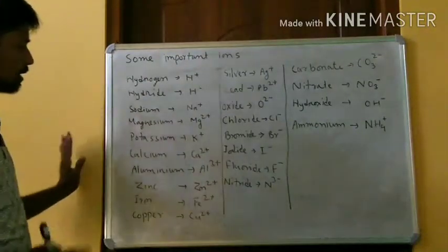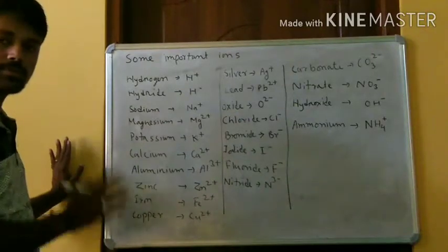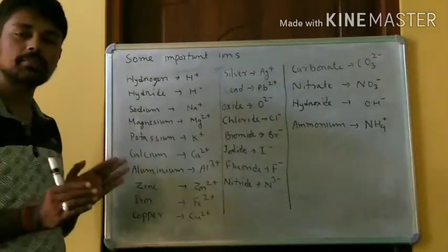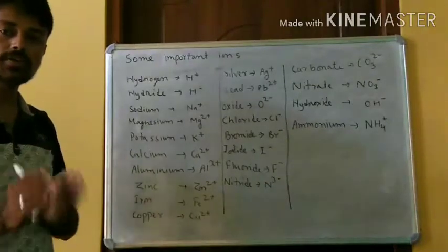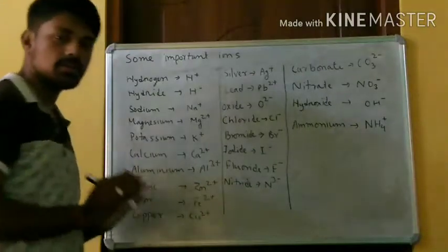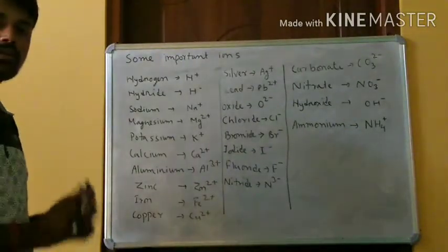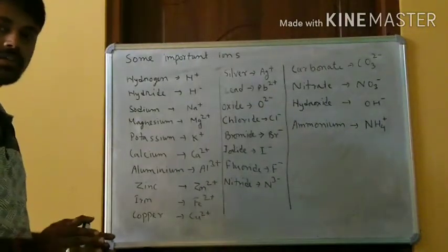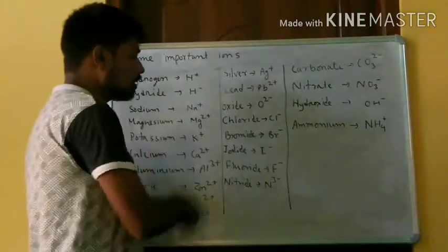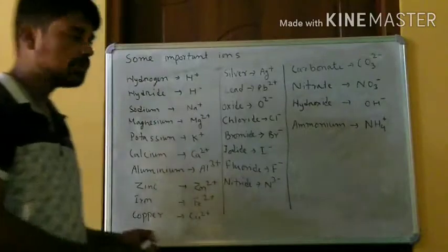You have to memorize, or you have to know this for writing any chemical formula of a compound. The chemical formula of a given compound can be written only after knowing the formulas.